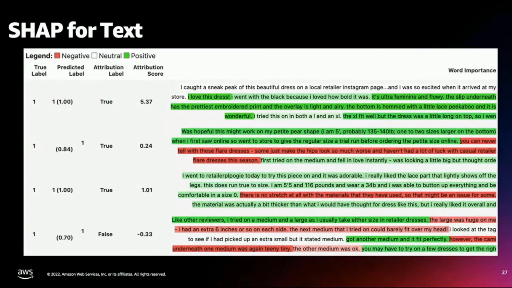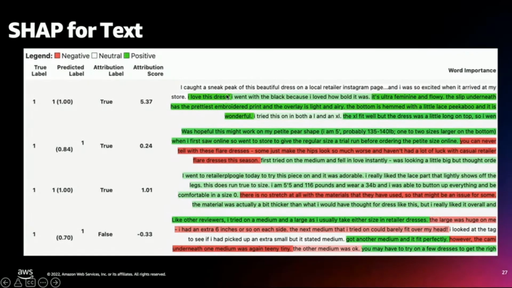One way to do it, of course, is to treat the input text in terms of words, phrases, or entire sentences as those input features. Then we want to know which of these sentences or phrases contributed and in which direction, right? So we're computing those same SHAP values over the text. And what you can see here is, okay, "I love this dress."